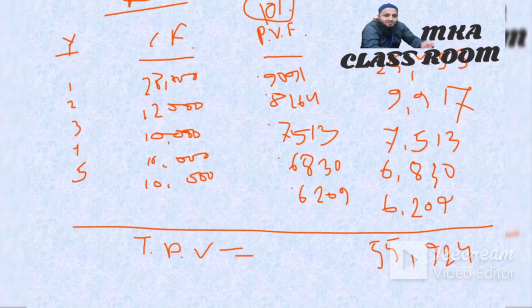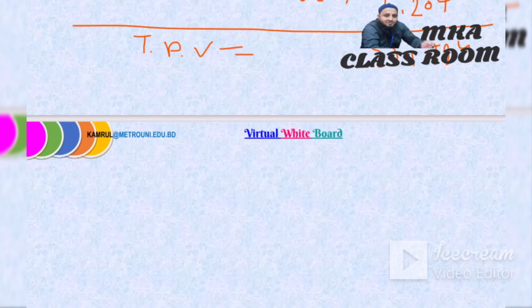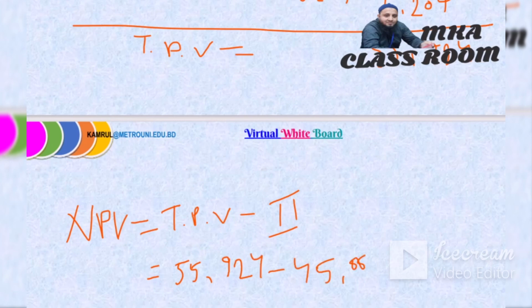Now our NPV equals total present value minus initial investment. So total present value 55,924 minus initial investment 45,000.